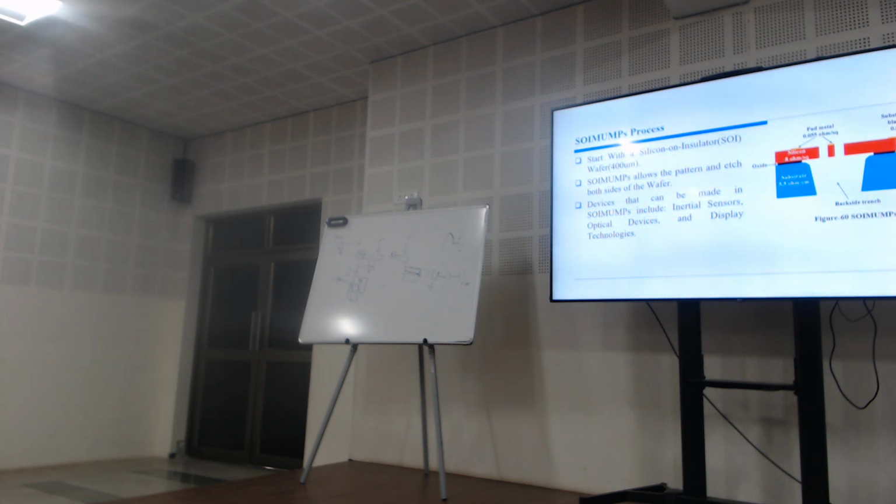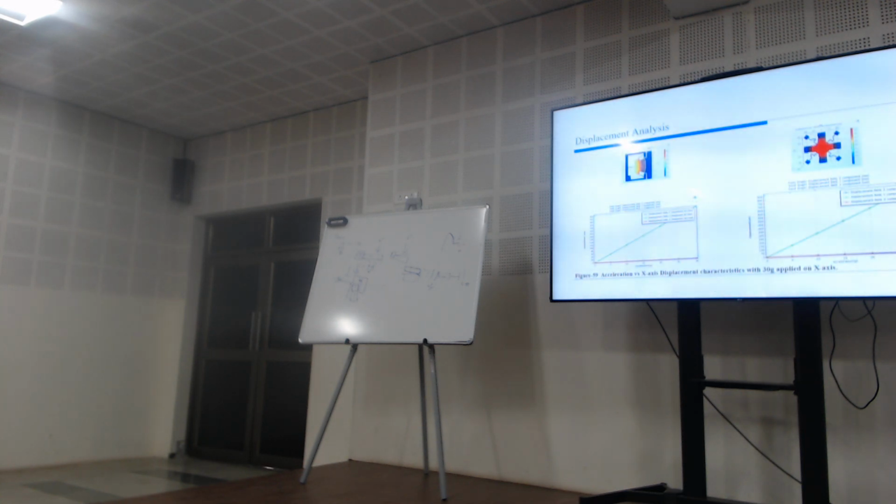The device layer varies: it starts with 10, 15, 20, 25 also available. Depending on our requirement, we can get it. So we go through some process and finally we get our device. Whatever empty part is there is etched, and after etching we get that structure. Whatever design we have, correspondingly we get that kind of etching.